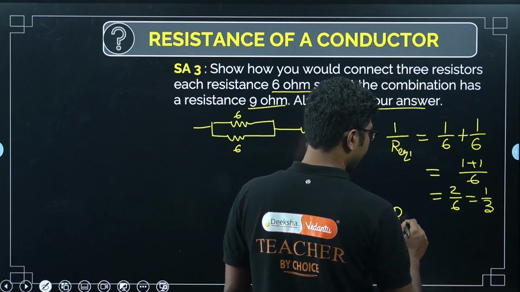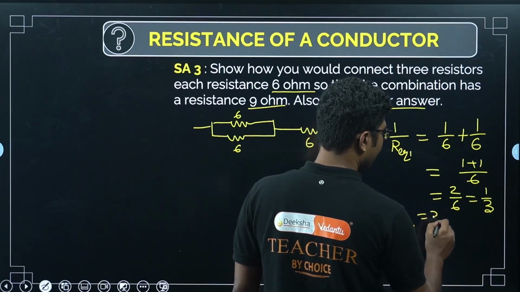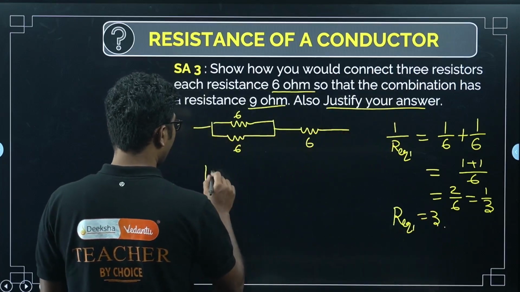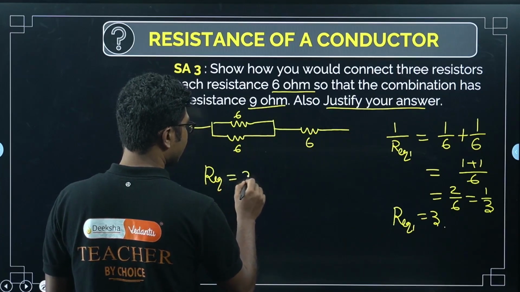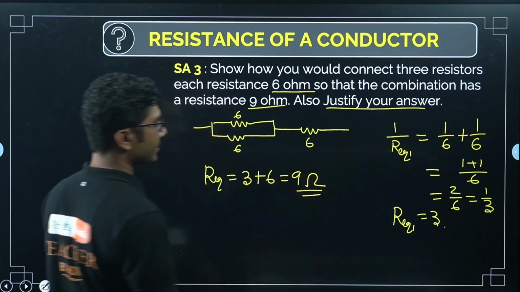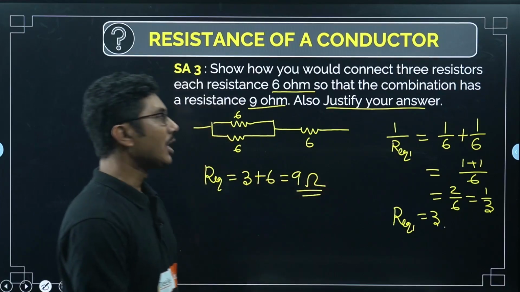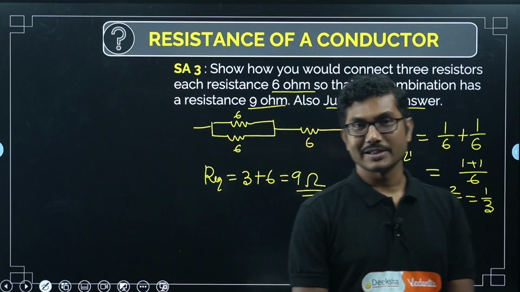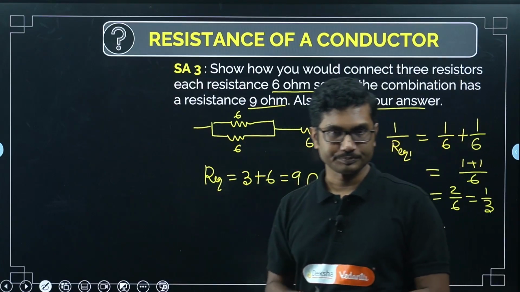So REQ1 is 3, so the total equivalent resistance is 3 plus 6, that is 9 ohm. So this is the justification. In the justification, you have to show the final resistance is actually equal to 9 ohm.